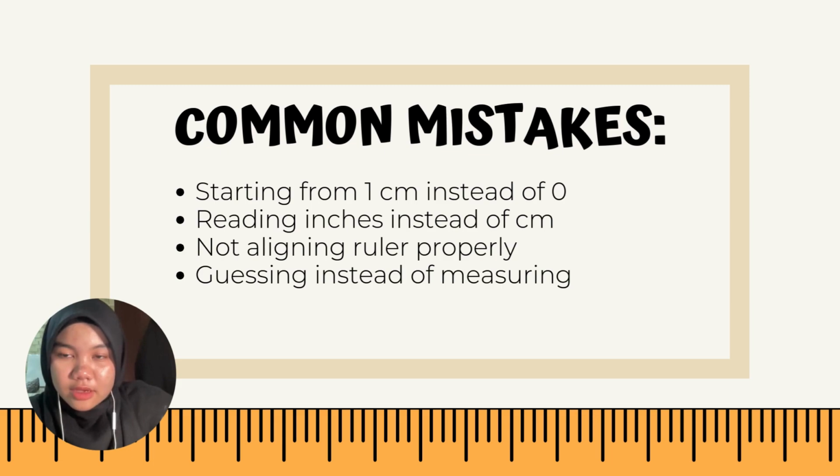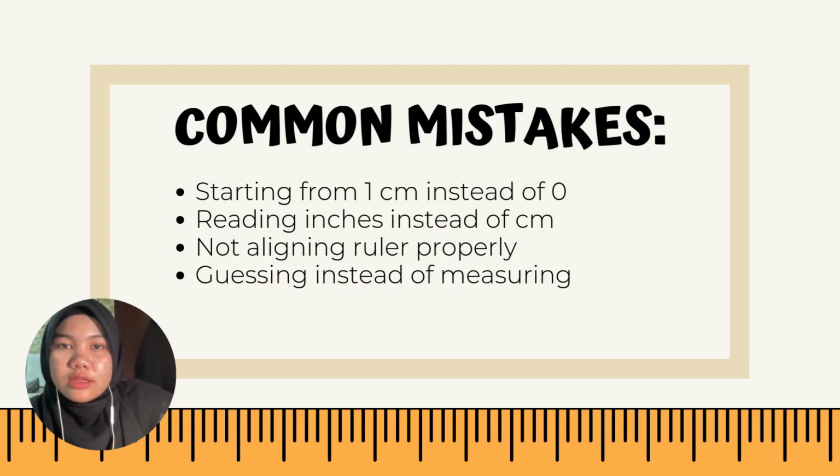Okay, usually what mistakes do students make? They usually start from 1 centimeter instead of 0, or start from another point like 1 or 2 centimeters. They are also confused using inches instead of centimeters.